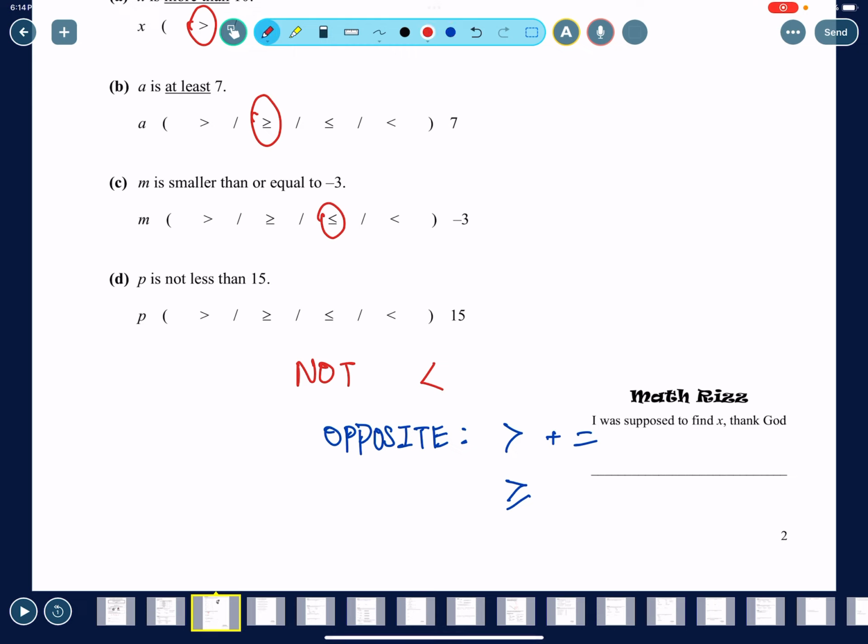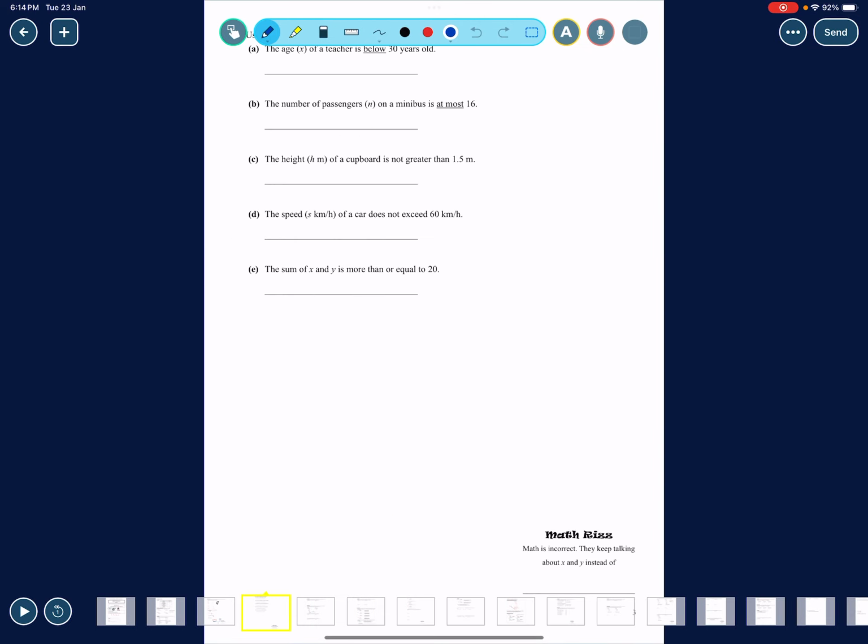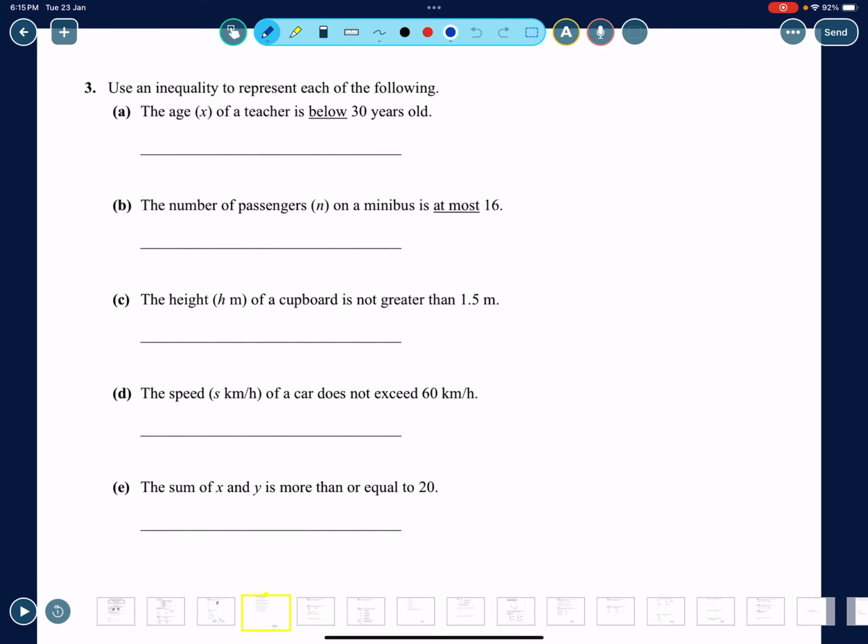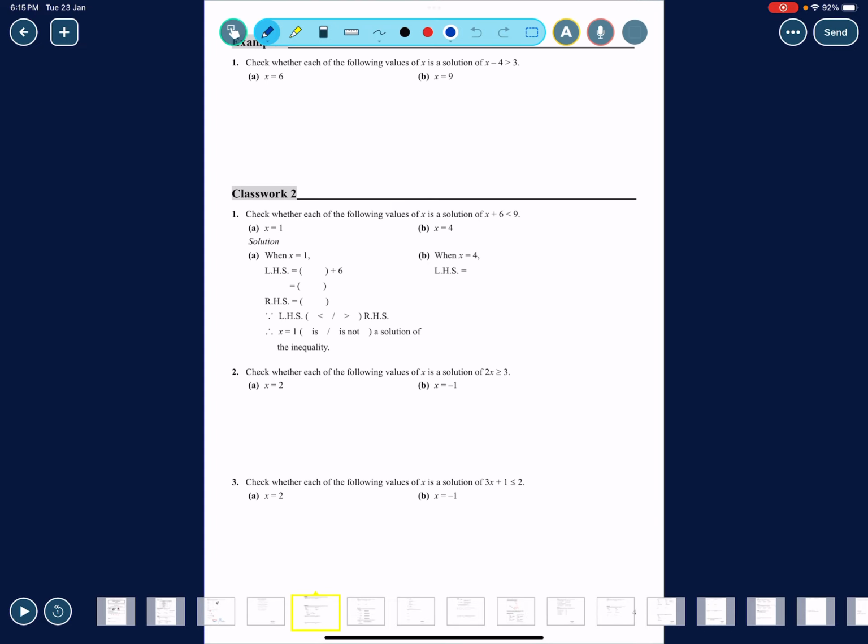Kind of makes sense. If let's say you have x smaller than 3, what's the opposite of that? X can only be 2, or 1 or 0. So the opposite of it has to be 3, 4, 5, 6, which is x greater than equals to 3. Okay, this one should be fine.